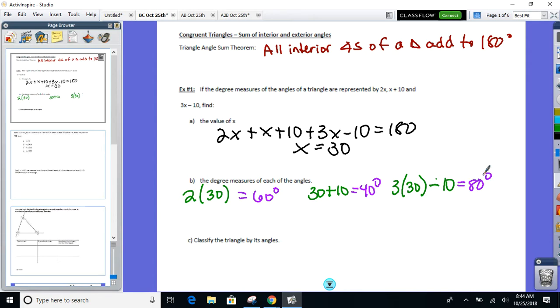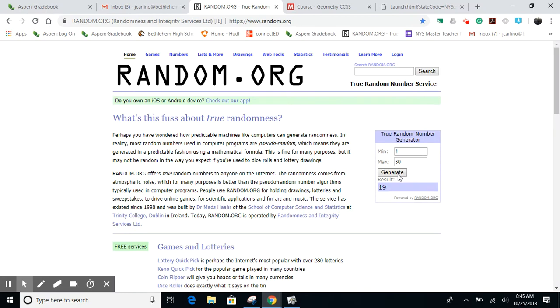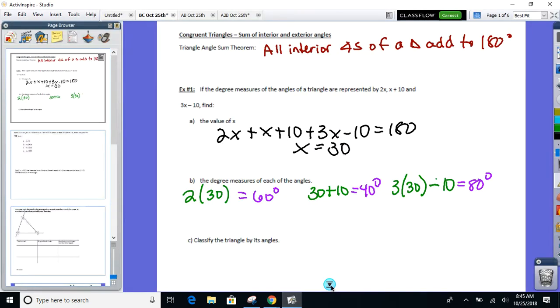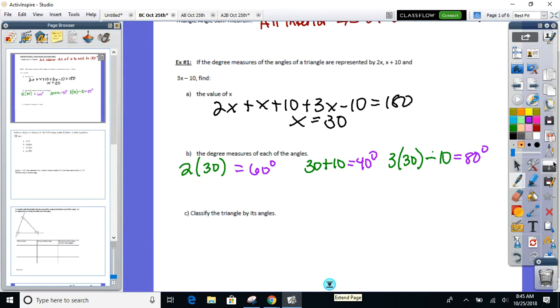All right, name the type of triangle then. This is going back to yesterday. If you need to go back a couple pages, please do so. If I have angles 60, 40, and 80, how can I name this triangle based on its angles? So don't tell me isosceles, scalene, or equilateral. By its angles only, what could I name this triangle? It is acute.